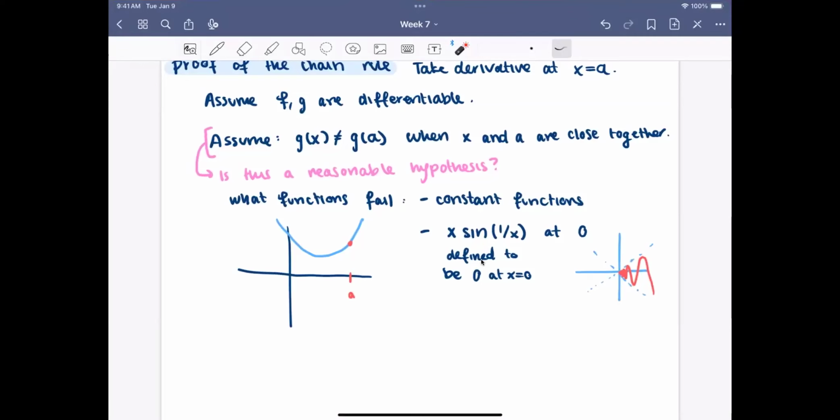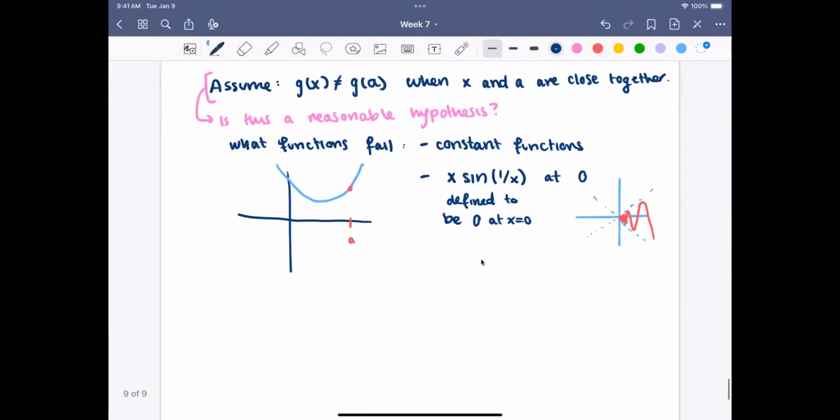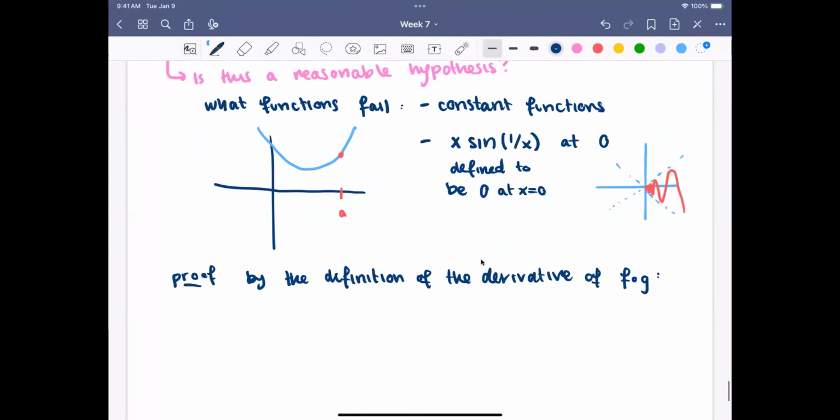Okay, so here's how the proof goes with that hypothesis, and you'll see why it was important. By the definition of the derivative of f composed with g, I'll just write down the limit, and I'm going to do the version involving x and a, not the version involving h.